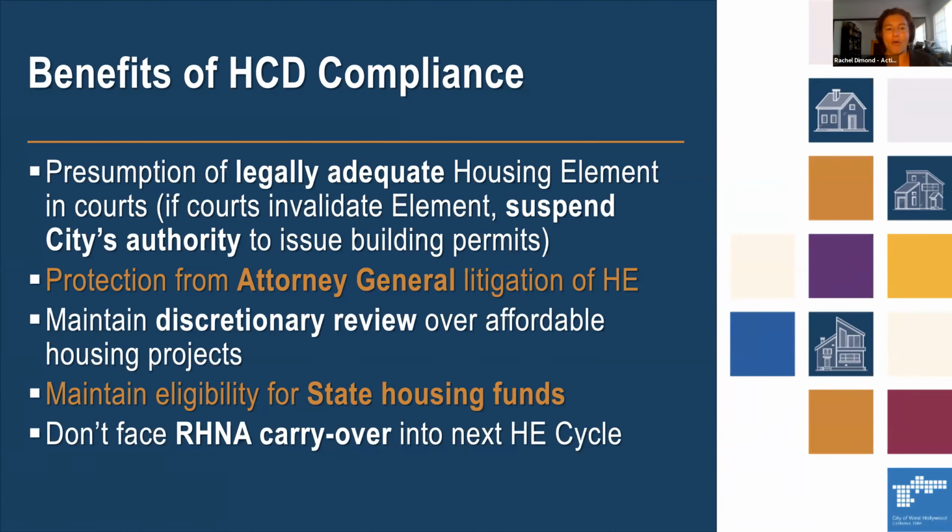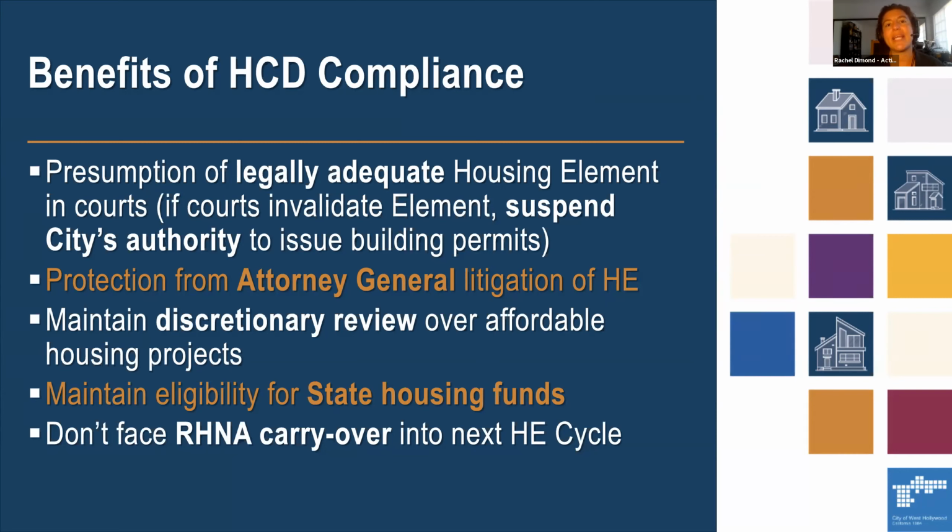It does allow for us to have discretionary review over affordable housing projects. There are some limitations by state law of how much we can bring to a public hearing or have discretionary review over, versus ministerial review, which would be something that would be reviewed over the counter and able to be approved without a public hearing. It allows us to maintain eligibility for state housing funds. This is a huge one.